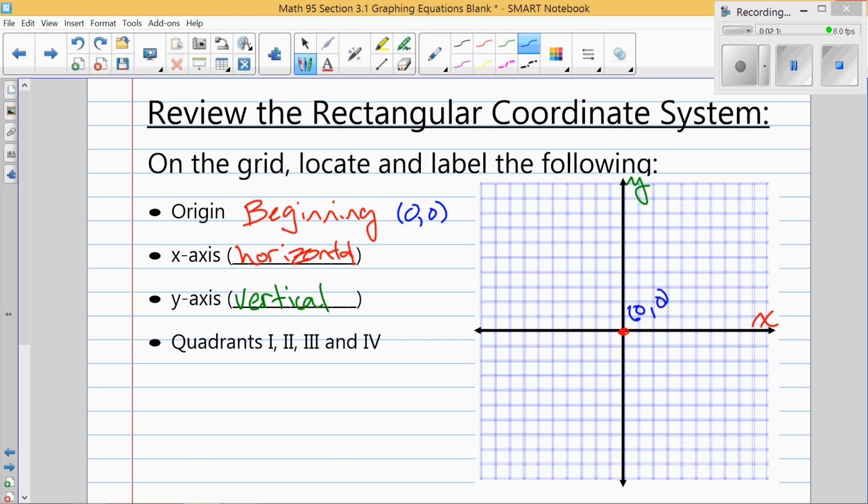In order to talk about where things are on the Cartesian coordinate system or the rectangular coordinate system, we sometimes like to refer to them by their quadrants. And so we want to label the 4 quadrants. These are going to go counterclockwise from the positive x-axis.